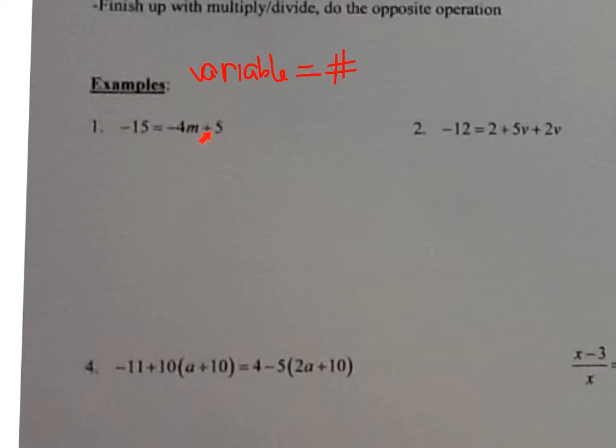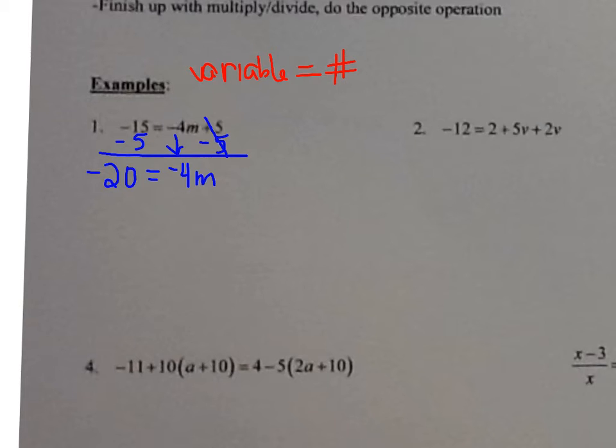Now, this is a plus 5. Opposite of addition is subtraction, so we're going to minus 5 to both sides. Positive 5 minus 5 is 0, so they cancel out. We have negative 15 minus 5 is negative 20. Equals, bring negative 4m down. Now I have my letter on one side, my number on the other side, but I have a number in front of my variable.